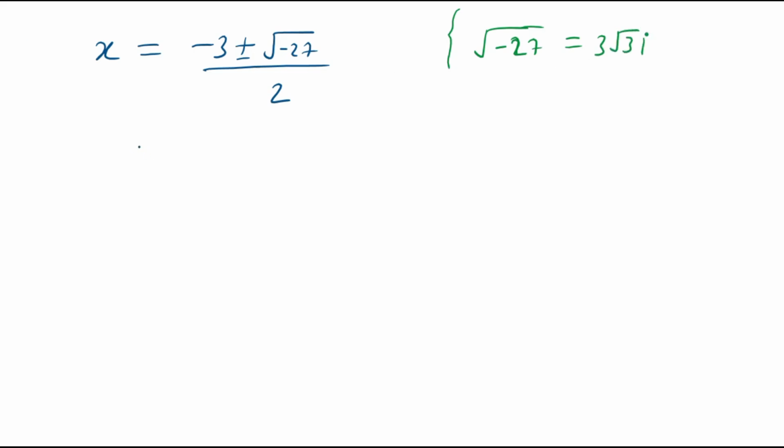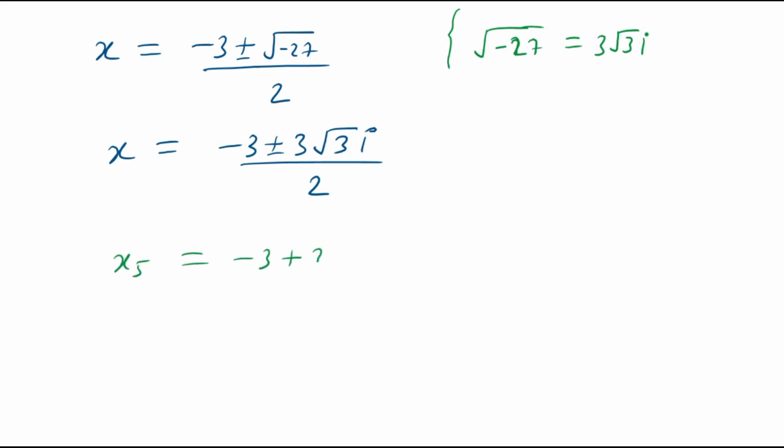Then x is equal to minus 3 plus minus 3 times square root of 3 iota divided by 2. Here the fifth solution x5 is equal to minus 3 plus 3 times square root of 3 iota divided by 2, and the sixth solution x6 is equal to minus 3 minus 3 times square root of 3 iota divided by 2.